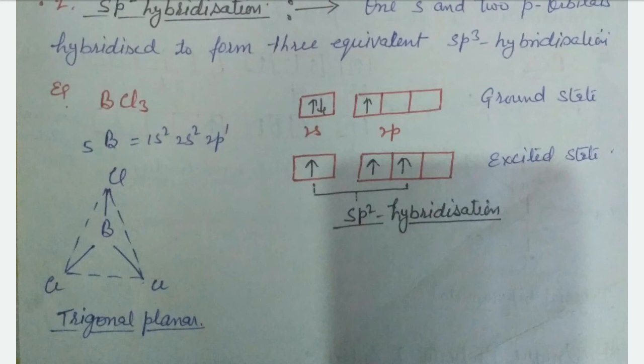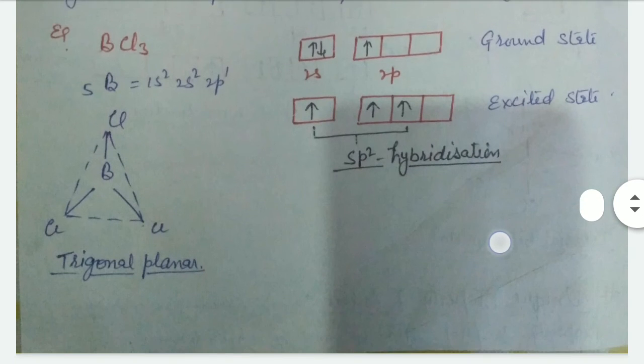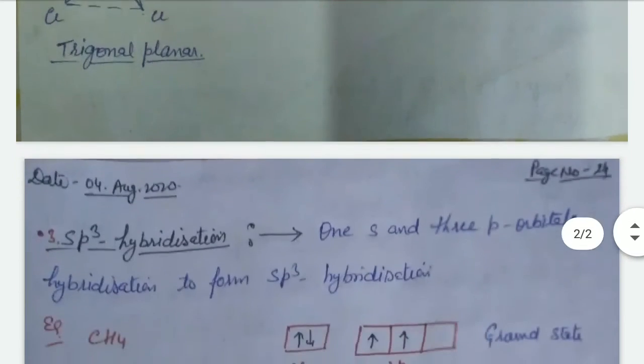It means it has 2 electrons in the s orbital and 1 electron in the p orbital. Then in the excited state, 1 electron jumps into the 2p orbital and forms; 1 orbital is contributed by s and 2 are contributed by p and form sp2 hybridization, and they form trigonal planar.